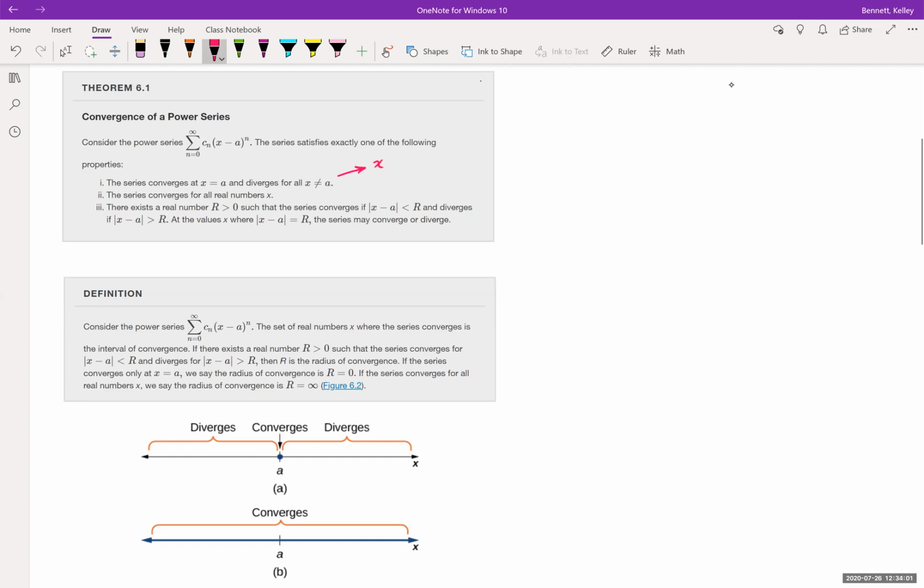So if x equals a, then our series would be n equals 0 to infinity of c sub n times (a minus a) to the nth power. So the summand becomes 0, which adding up a bunch of zeros forever is just 0, right? So that's kind of a trivial case.